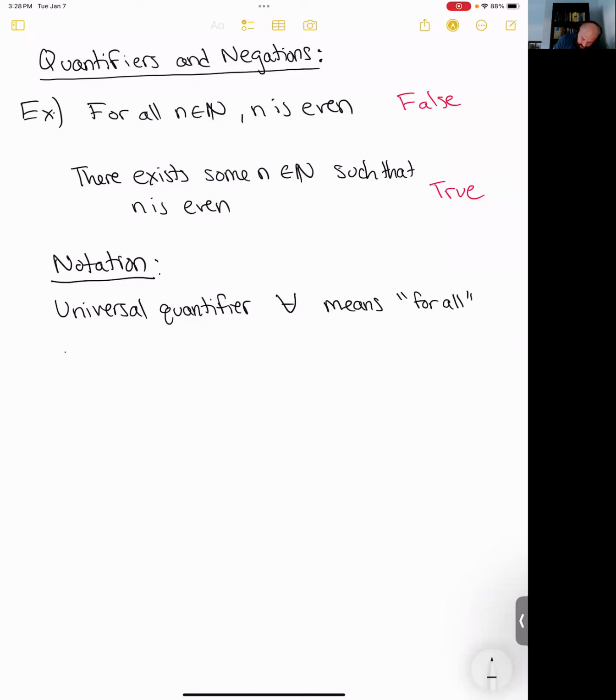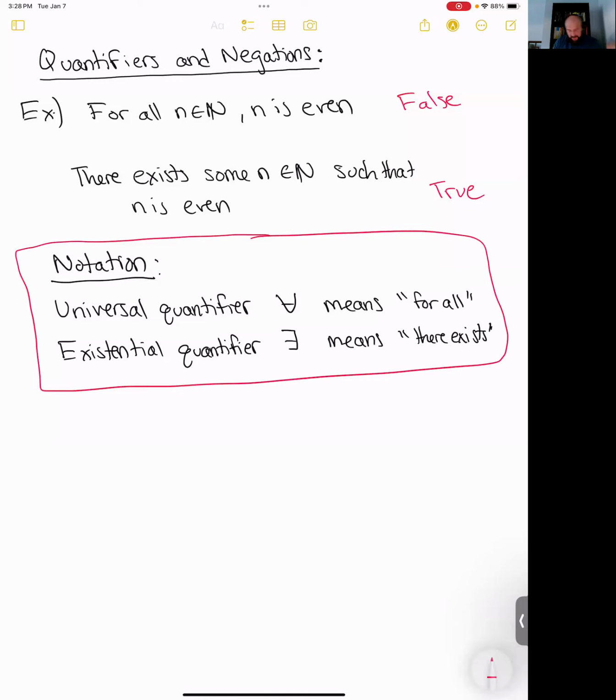And we'll have what's called the existential quantifier, which is given by this backwards E, and that means there exists. So we're going to formalize this in this logic notation by using these symbols for all and for there exists, and that's going to allow us to write everything symbolically.